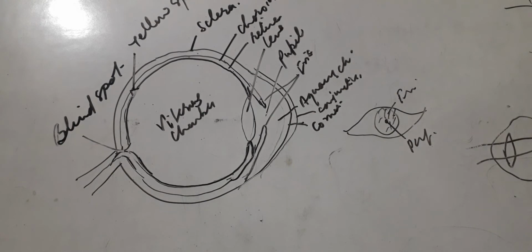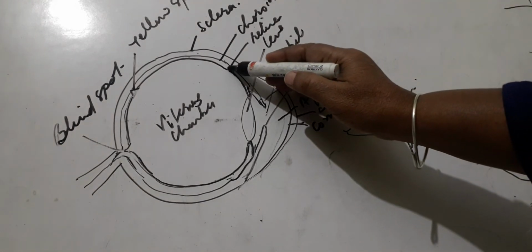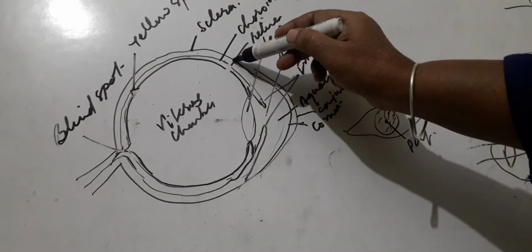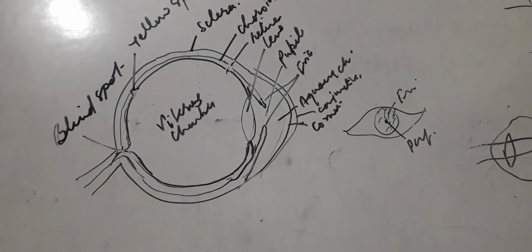The retina consists of rods and cones. These rods and cones are specific for specific colors. Rod cells are sensitive to dim light, and cones are sensitive to daylight.